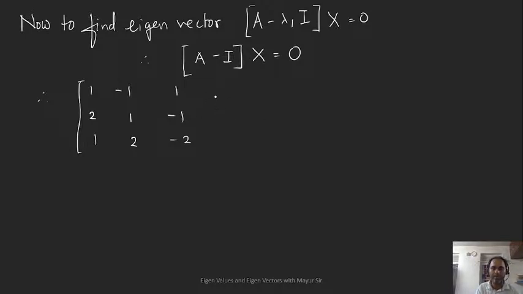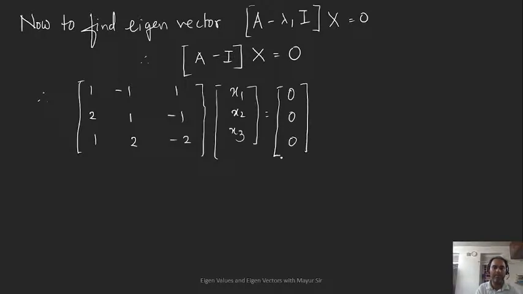What we can do is x1, x2, x3 equals 0, and you will need to change using row transformations.